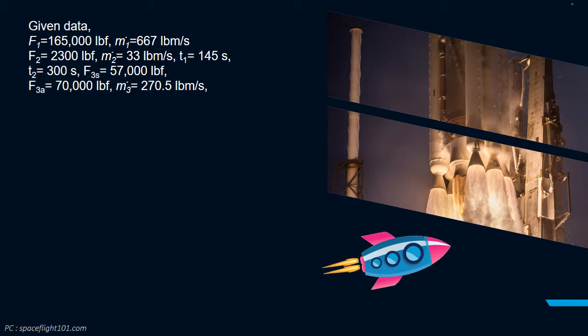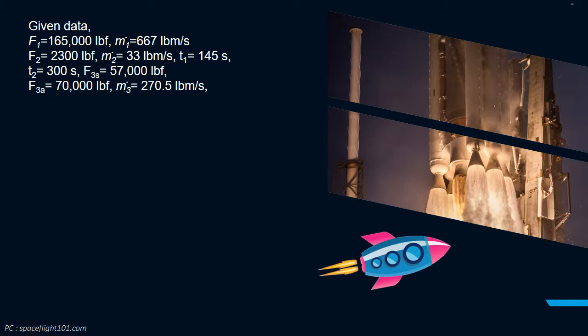Then at liftoff, central sustainer rocket engine starts and it lasted for 300 seconds, which is T2. Sustainer rocket engine has sea level thrust F suffix 3s of 57,000 pound-force. Also has altitude thrust F suffix 3a of 70,000 pound-force.